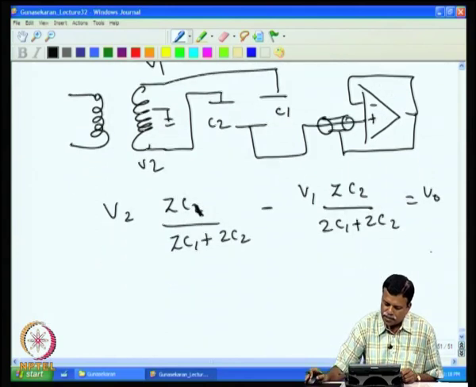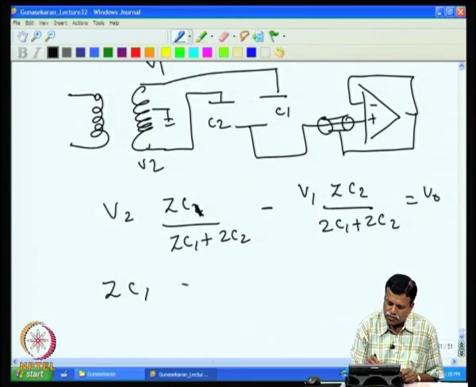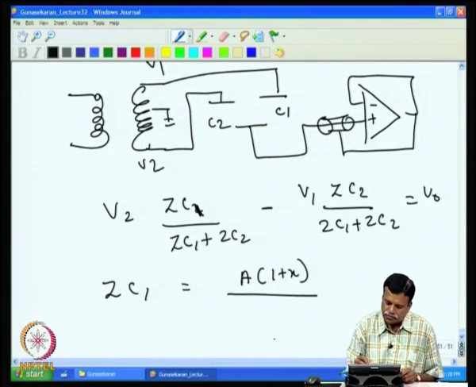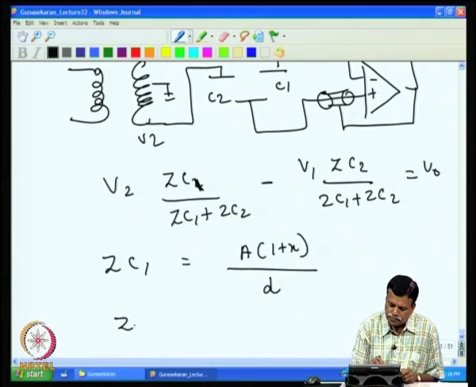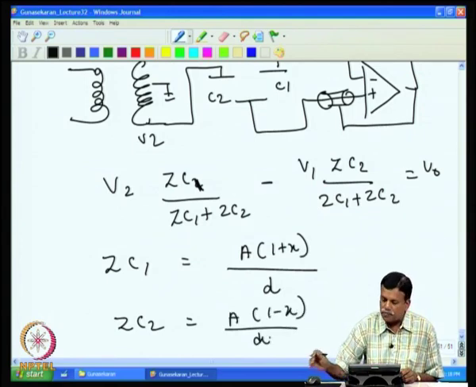So now we can find ZC1 and ZC2. ZC1 comes out suitable for area variation as A into 1 plus x divided by d, and ZC2 will come as A into 1 minus x divided by d.